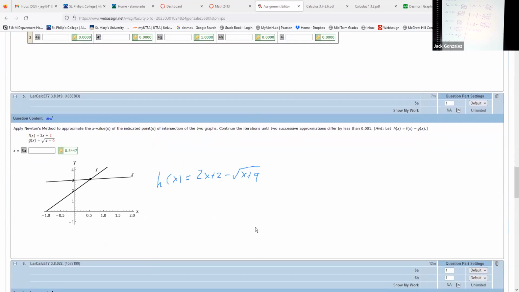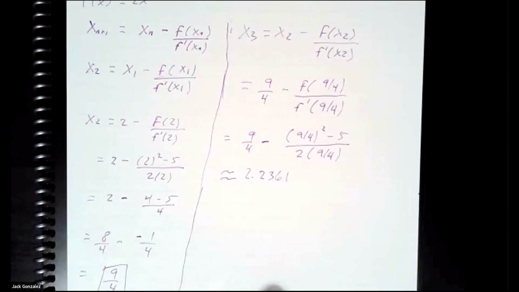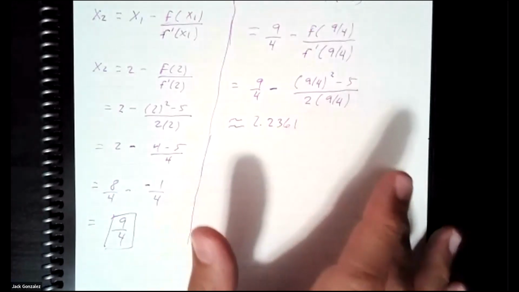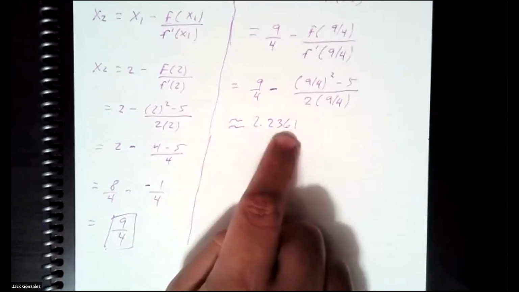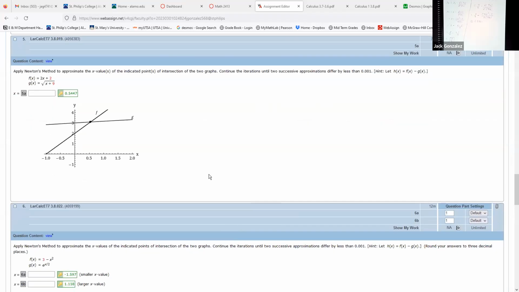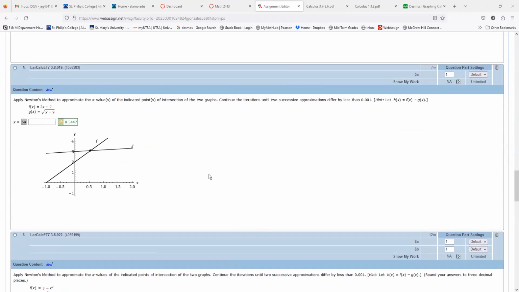That makes sense? Yes. So I want you to keep going, and it says do 2 iterations until they don't differ. They only differ by about 0.001. Over here, they don't differ very much, so if I do it again, this wouldn't really change.